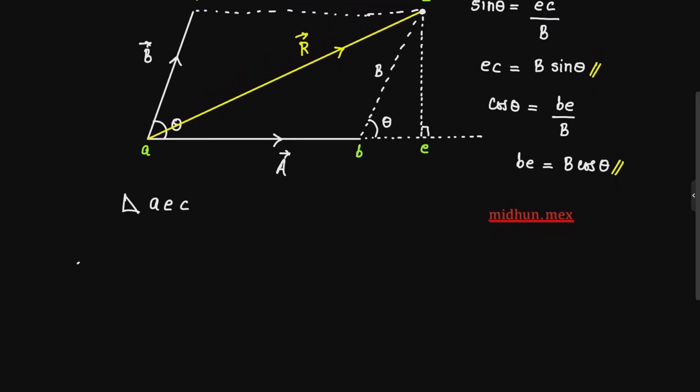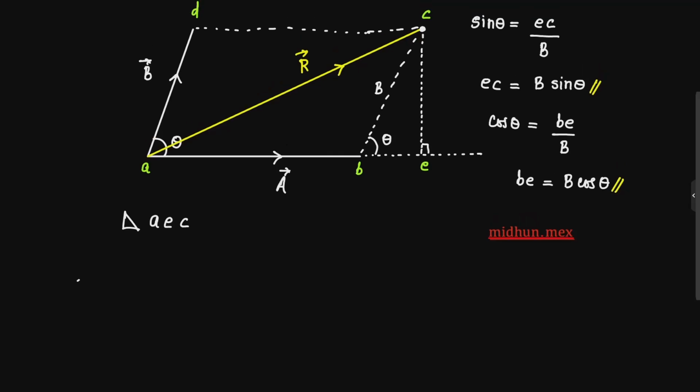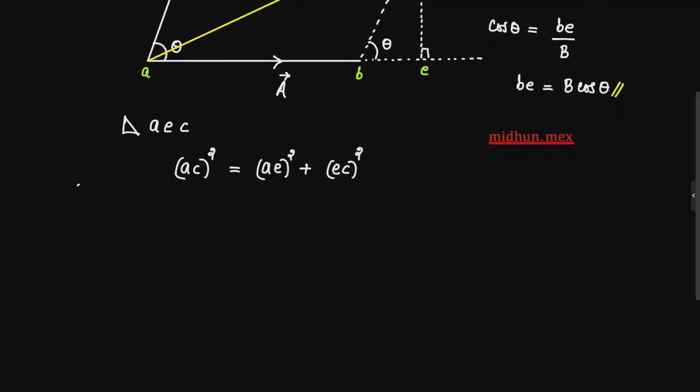So here, if I apply the Pythagoras theorem, I can directly write AC square, since AC is the hypotenuse, is equal to AE square plus EC square. Next, AE can be written as AB plus BE, whole square, plus EC square.